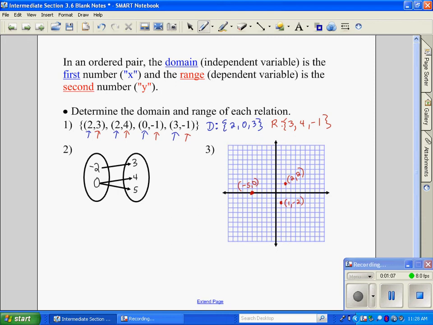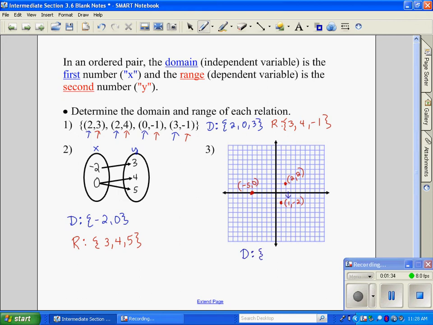In number 2, if I was to name these x and y, the domain is going to be the first values, which are -2 and 0. The range is going to be my second set of values, second coordinates, which is your y values, 3, 4, and 5. In problem number 3, my domain, first of all, list all my x values.